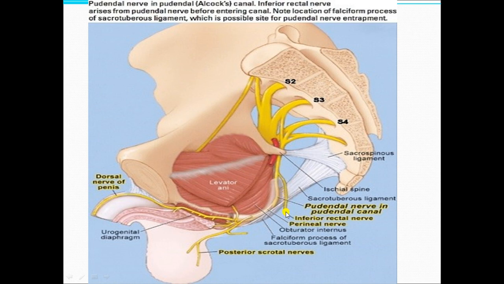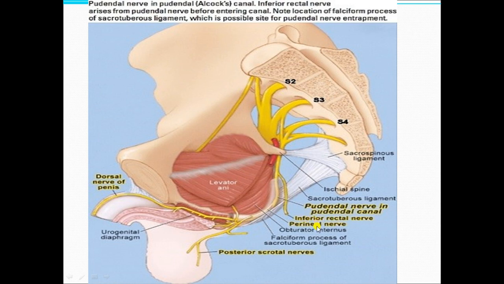In the ischiorectal fossa it arches from the lateral to the medial side and reaches the lower part of the anal canal region, where it supplies the external anal sphincter muscle and also the perineal skin. This is about the inferior rectal nerve.